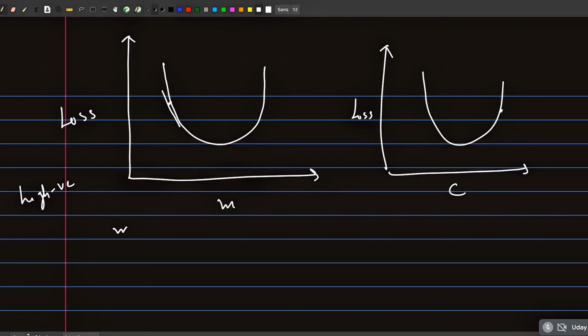So can we write M equals M minus this slope? M minus a high negative slope will come as M plus something.